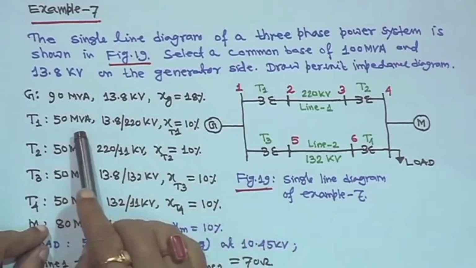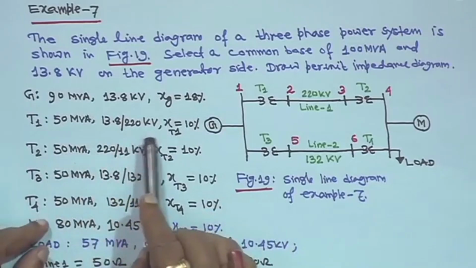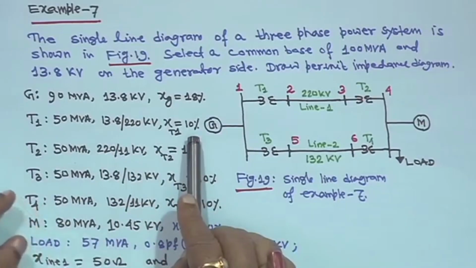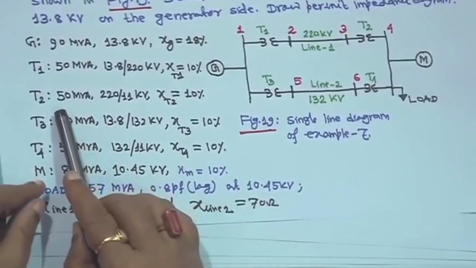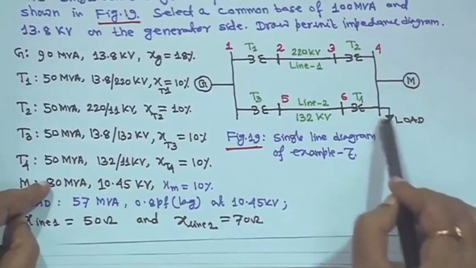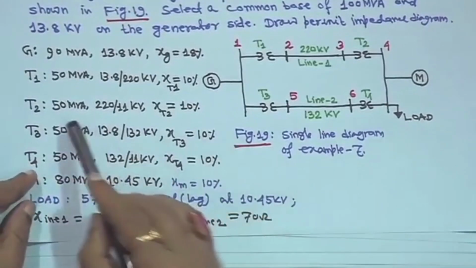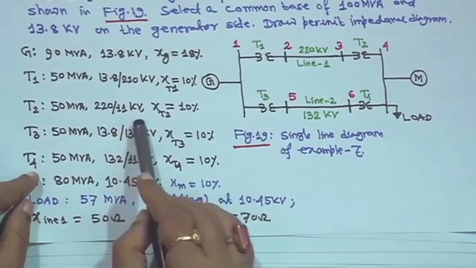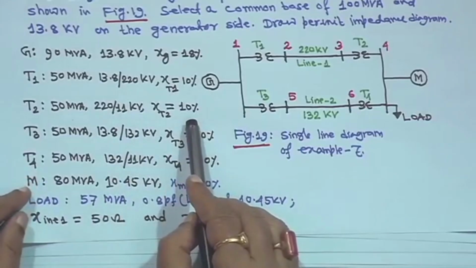Transformer T1 is 50 MVA, 13.8 by 220 kV, and its reactance is given. Then transformer T2 reactance is also given, and there is a motor and another load connected here. Transformer T2 is 50 MVA, 220 upon 11 kV, 10% reactance is given.